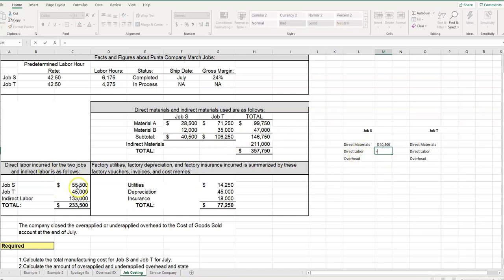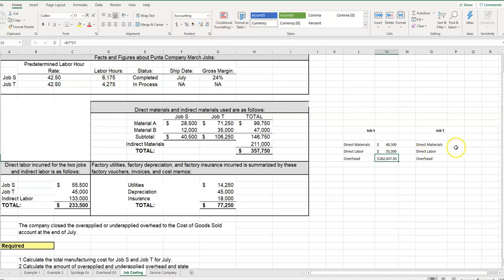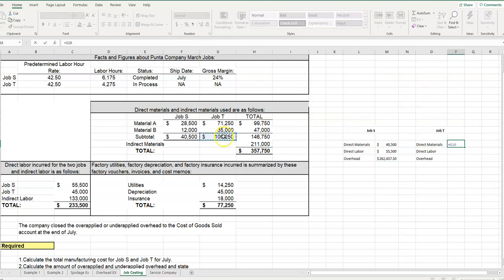Direct labor is $55,500, and our overhead application equals $42.50 times the number of direct labor hours applied to job S. For job T, we have direct materials of $106,250.